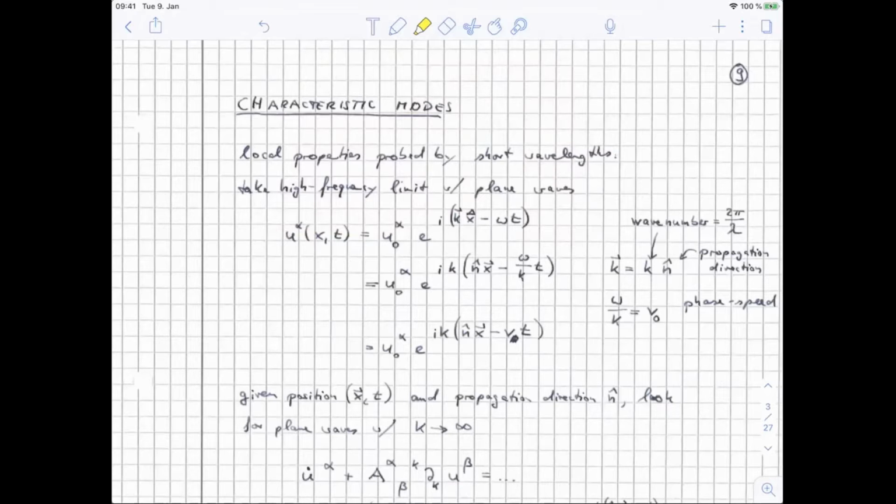And the argument for that goes back to the fact that the local properties of the solution are probed by the short wavelengths. Therefore, one way to arrive at the characteristic modes is to take plane waves, like the ones written down here, and then a few lines down, take the high frequency limit, the short wavelength limit of these plane waves.